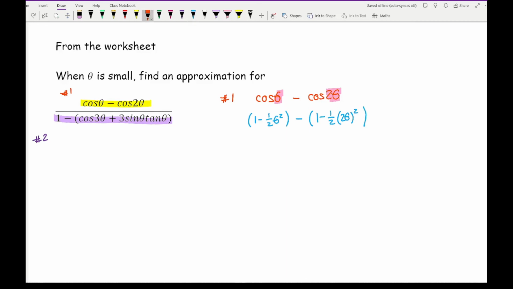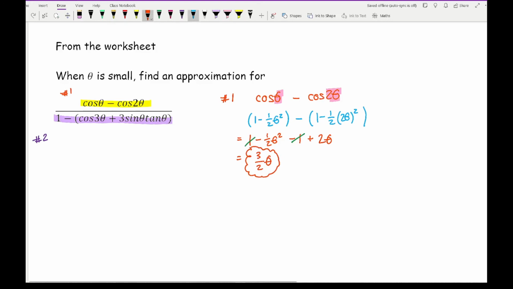Now I expand the brackets out, so I've got 1 minus a half theta squared minus 1 plus, then here 2 theta squared is going to give me 4 theta squared times a half is going to give me 2 theta squared. Then I can go on to simplify this. So here I've got 1 minus 1, which cancel out. And then I've got a half, take away 2 theta, and that leaves me with 3 over 2 theta. So this is my numerator.